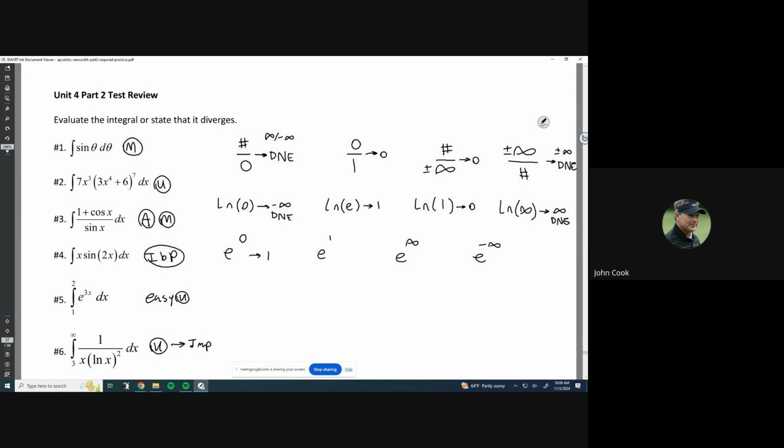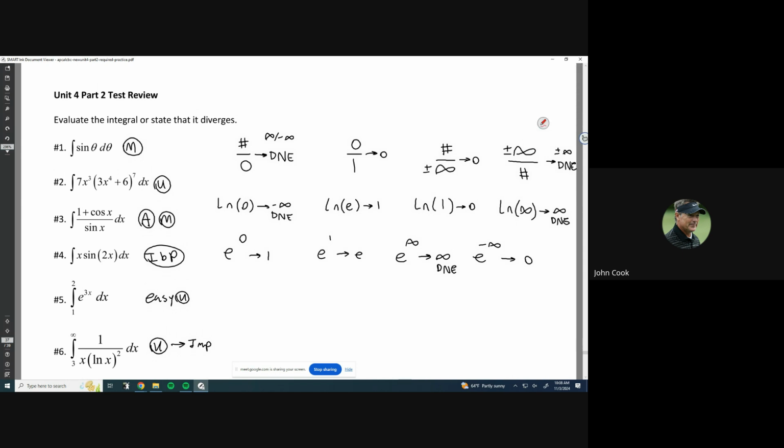E or something to the power of 1 just goes to the base, so e in this case. E to the infinity power goes to infinity, so that's a DNE situation. And here's a weird one. E to the negative infinity would be 1 over e to the infinity, which becomes 1 over infinity, which goes to 0. So this thing actually goes to 0. So watch out for these DNE situations when you're handling these limits.